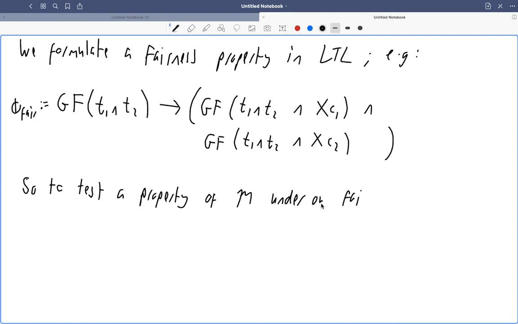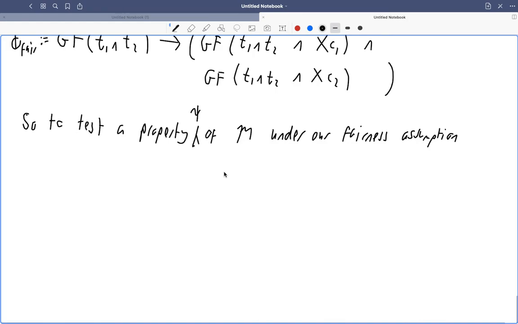There might be other fairness assumptions. Under our fairness assumption, take a property psi, let's say, so any temporal property of the system. We want to check if our system enjoys psi, but we can test that making the assumption that the system behaves fairly. That's the point.